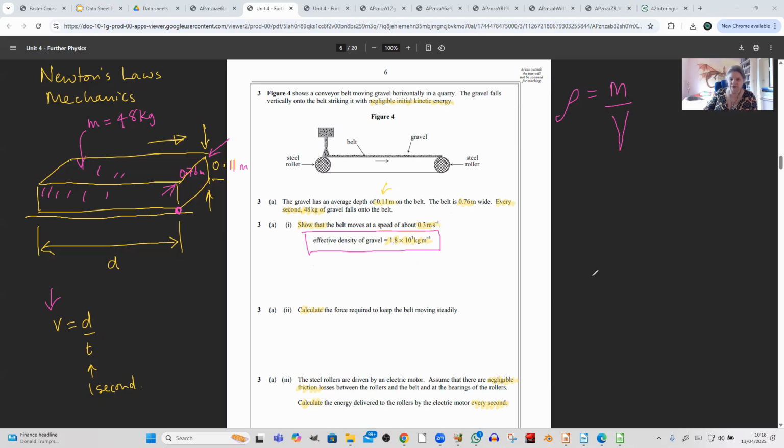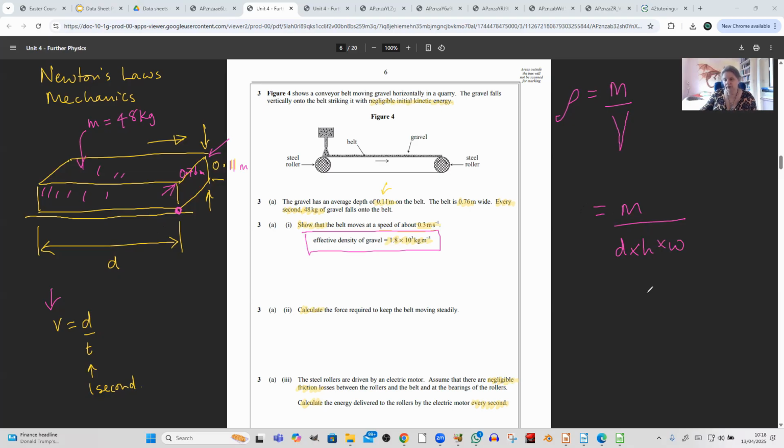And when you've drawn out your volume like I just did as a three-dimensional cuboid, we can then say, oh, hang on a minute. We've got mass over, and it's the D, which is our distance sideways, times the, I'm going to call it H for the height, and I'm going to call it W for the width.